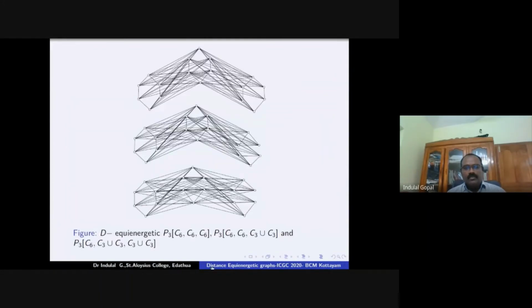This is an example for the case when n equal to 3: P3[C6, C6, C6], the generalized union or joined union of C6, C6, C6. The other is 2C6 and the last is C3 union C3. In fact, one more member of this family can also be exhibited as P3[C3 union C3, C3 union C3, C3 union C3].